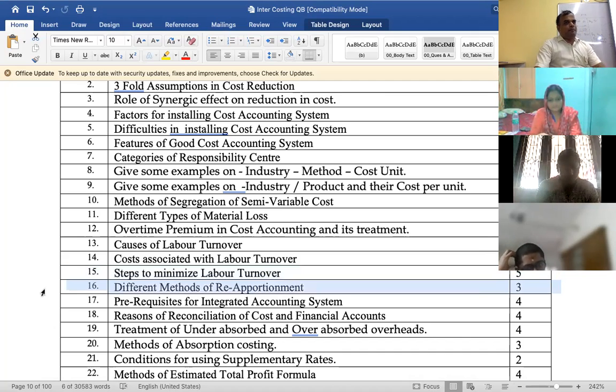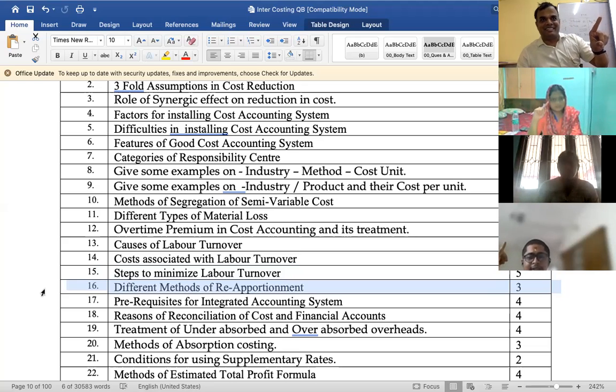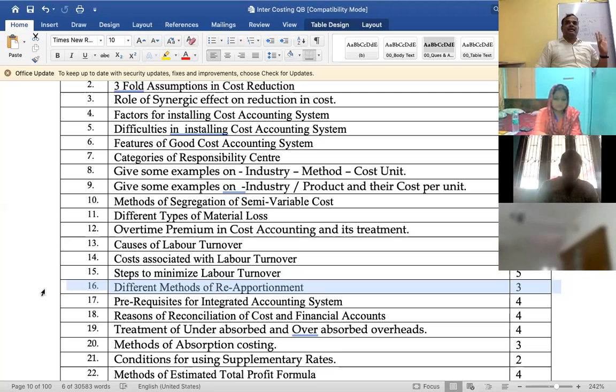Different methods of reapportionment: direct distribution method, step method, reciprocal method, simultaneous equation, repeated distribution. These are all the various methods. In an examination, they won't tell you which method is applicable; you have to identify.